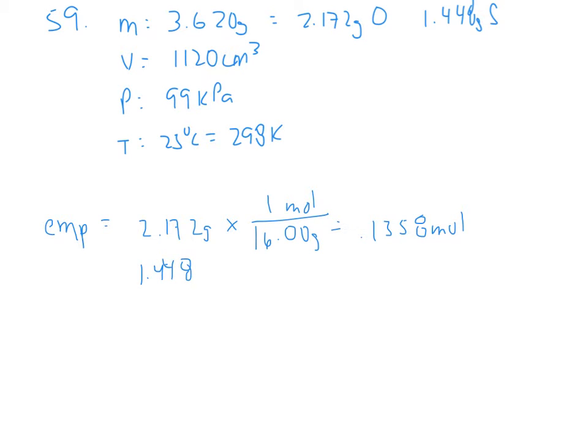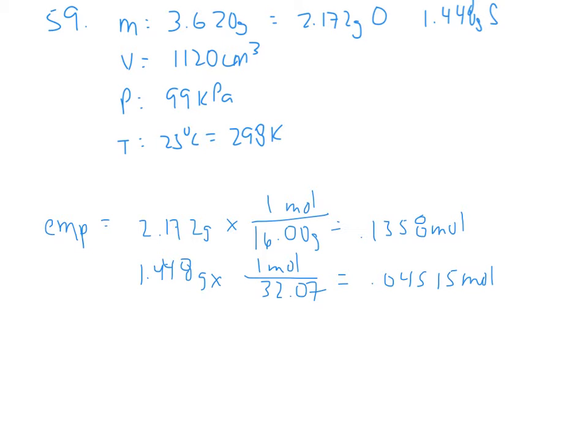And if I do the same thing with sulfur, 1.448 grams of sulfur, and 1 mole of sulfur weighs 32.07. So 1.448 divided by the 32.07 is 0.04515 moles of sulfur.